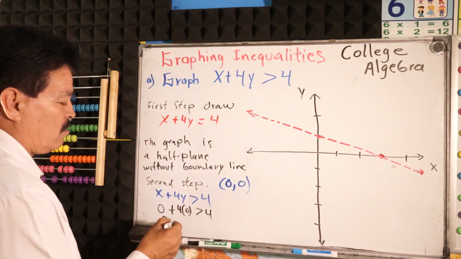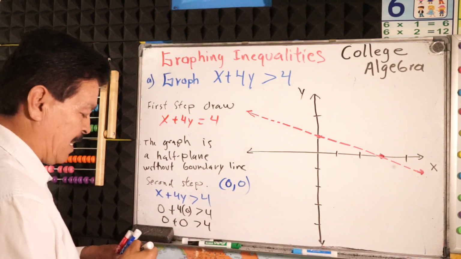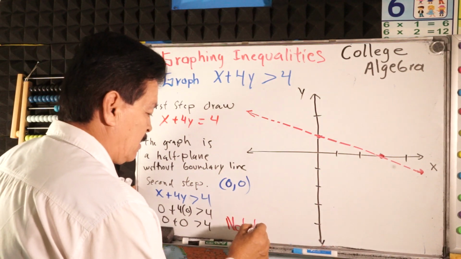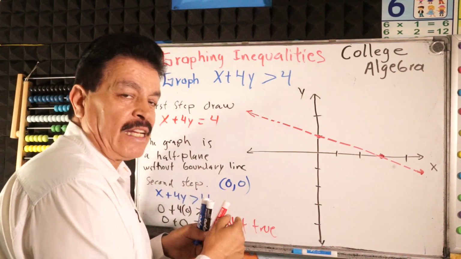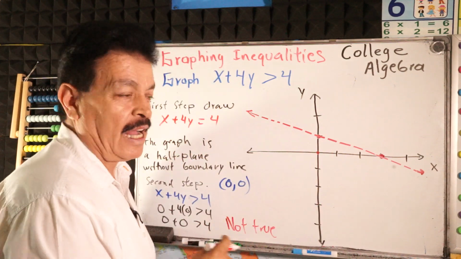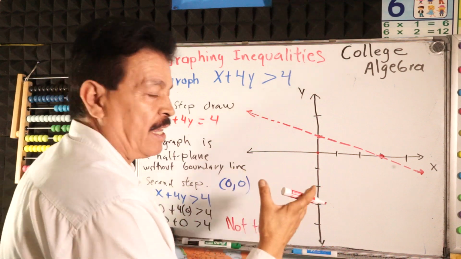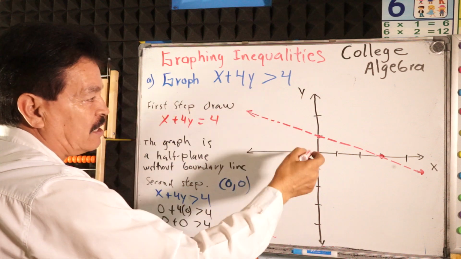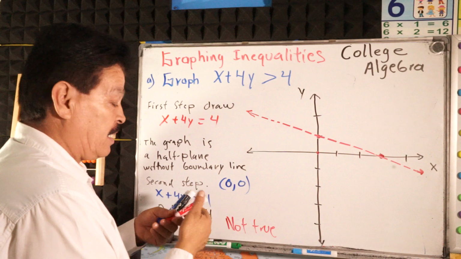So this is 0, this is 0, so 0 is greater than 4. So this is not true. Since this point is not true, this means that 0, 0 is outside the graph, the dashed area. So it is outside this dashed area, and this means that the area is on the other side because the point is out, it's not inside.